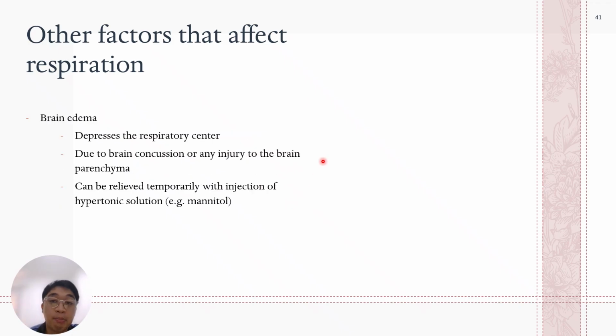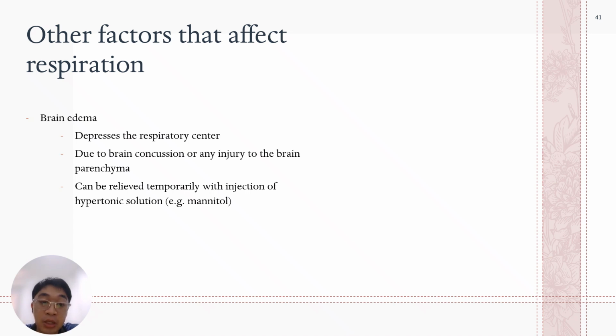Next is brain edema. If there is fluid in our brain, it increases the intracranial pressure. This increase in intracranial pressure will depress your respiratory centers, because it compresses them.